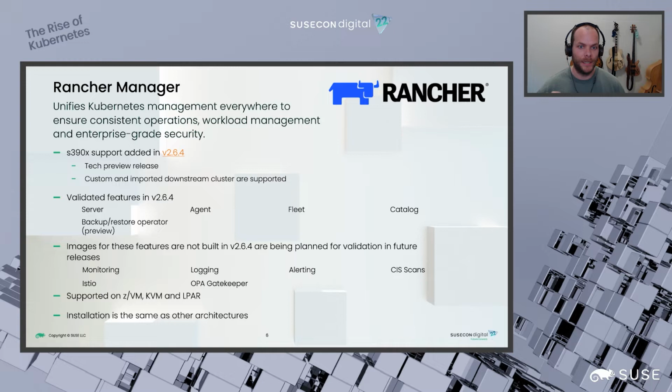Through that, we allow you to host Rancher Manager itself on an S390X based Kubernetes cluster, but it can manage downstream clusters that are on any architecture. This could be S390X or AMD64 or ARM eventually.